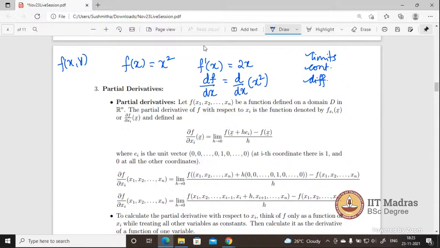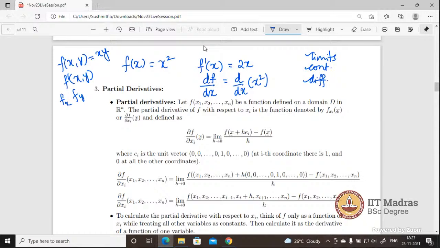So I will say f of x comma y is equal to xy. If I say f dash of x, then I'm having two variables. So I won't know whether I'm differentiating with respect to x or with respect to y, if I just write derivative. Because I have two variables, the derivative can be with respect to any one of the variables.